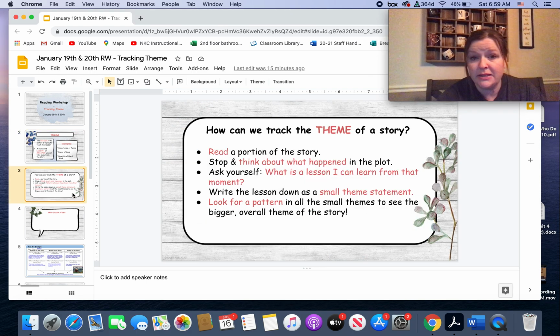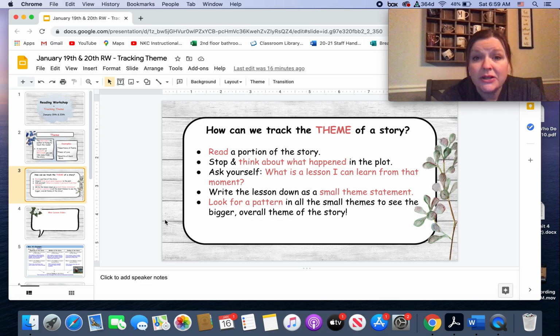There are several ways to find theme. It is not always an easy one to find. So I'm going to teach you one strategy today where we break down the parts of the story and ask what we are learning in those parts, and then we get an overall theme. We call this tracking theme. So how can we track the theme?